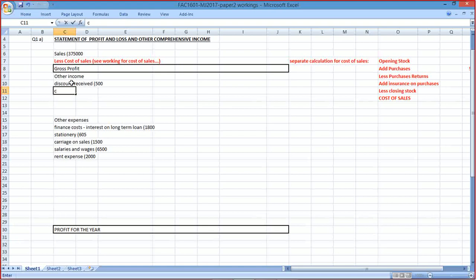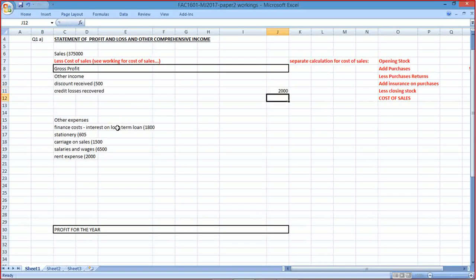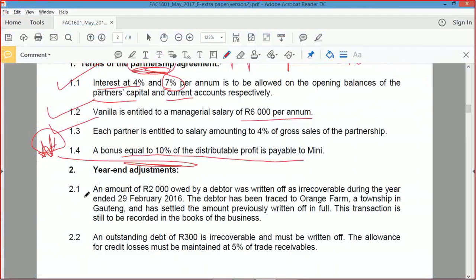Okay, so that's an income. Bad debts or credit losses recovered. I'm going to use the words credit losses recovered. And the credit losses recovered was how much? 2,000. Right, and that's it. Remember these are year-end adjustments.